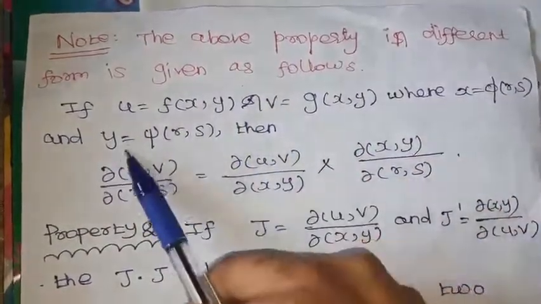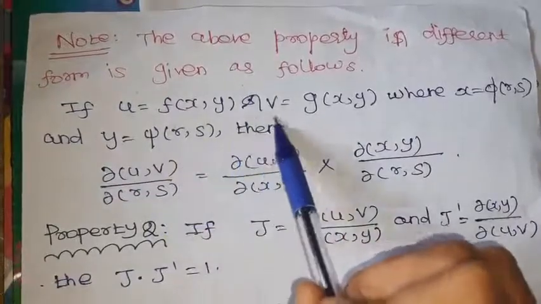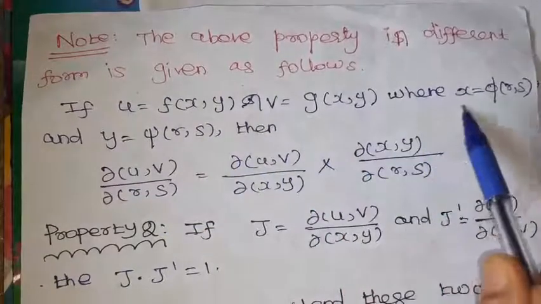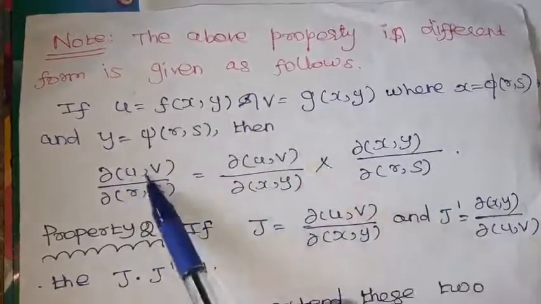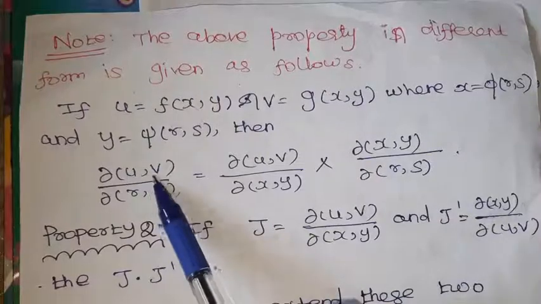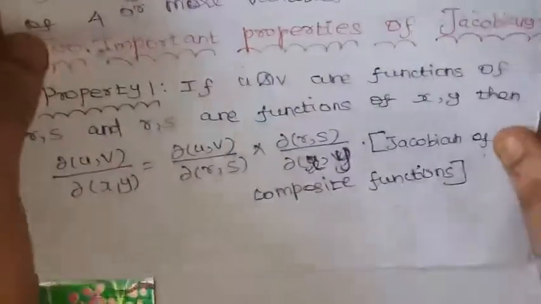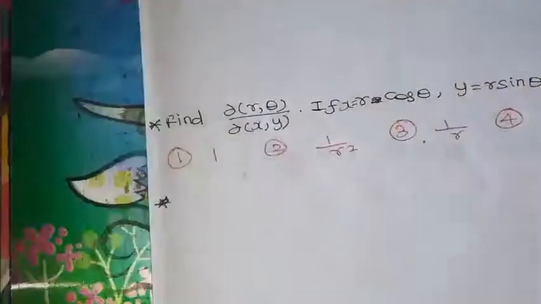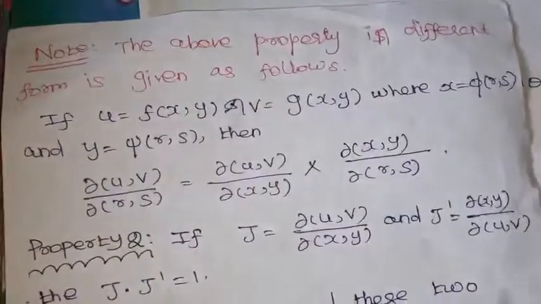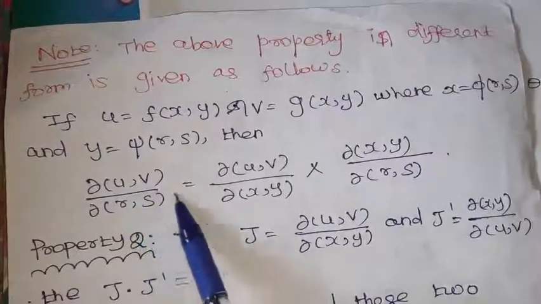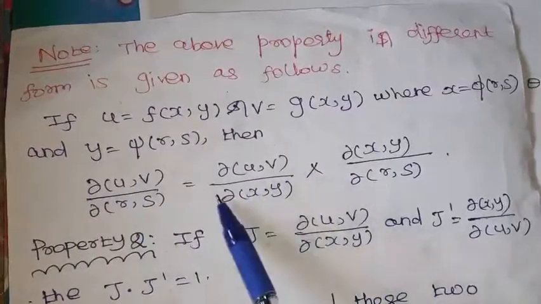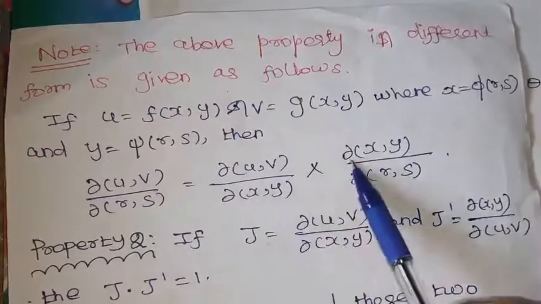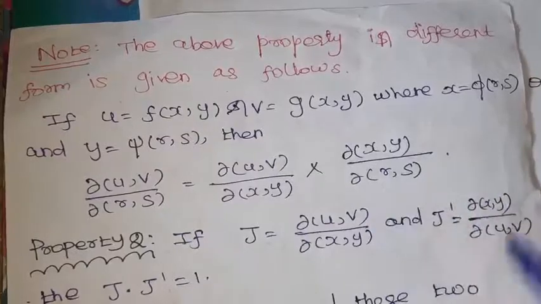u equals f of x, y and v equals g of x, y, where x equals phi of r, s and y equals psi of r, s. Then ∂(u,v)/∂(r,s) equals ∂(u,v)/∂(x,y) into ∂(x,y)/∂(r,s).